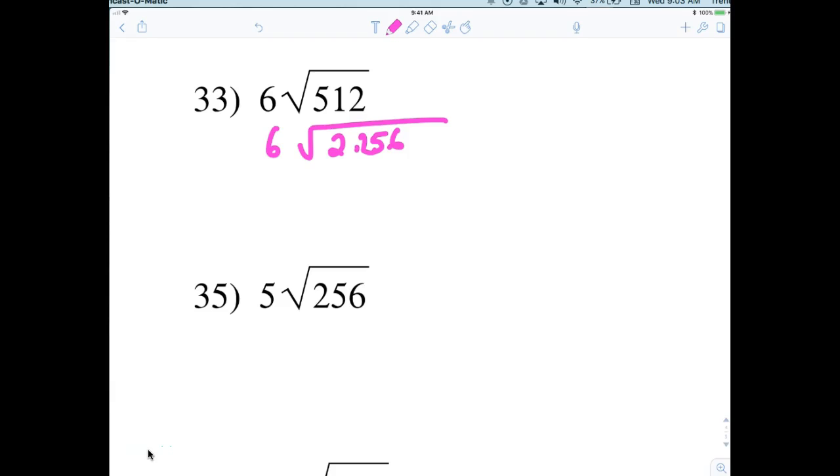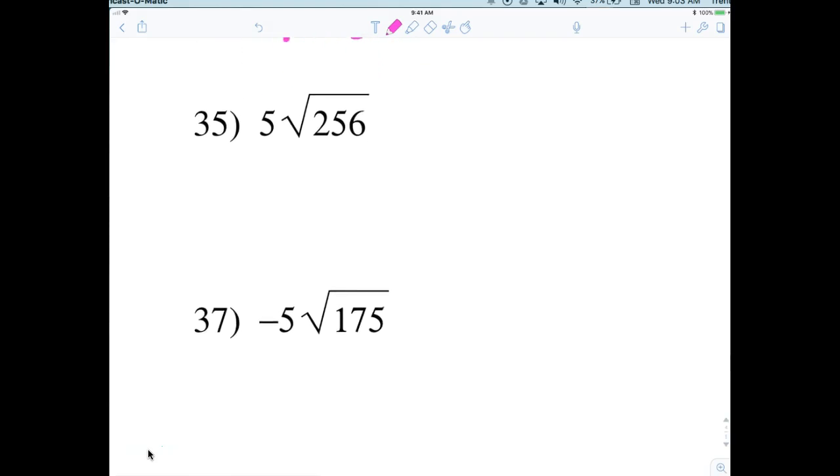That's why I think it's important for you to know all the way up to 20. The square root of 256 is 16, times 6, there you have it, 96 radical 2. What did we say the square root of 256 was? 16.